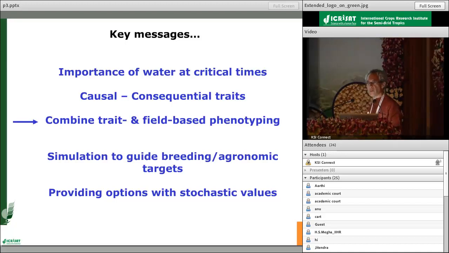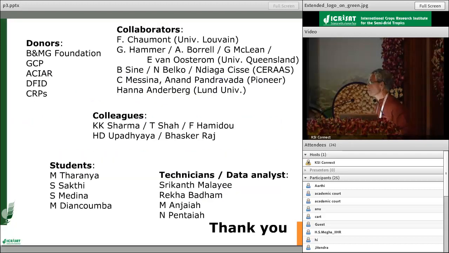It's very important that we keep a component of trait phenotyping for those critical traits. And then the simulation is there as a tool to stitch the pieces together and reconstitute a very complex puzzle. Modeling is there to provide options with the stochastic values on those options that are proposed. So thank you very much.